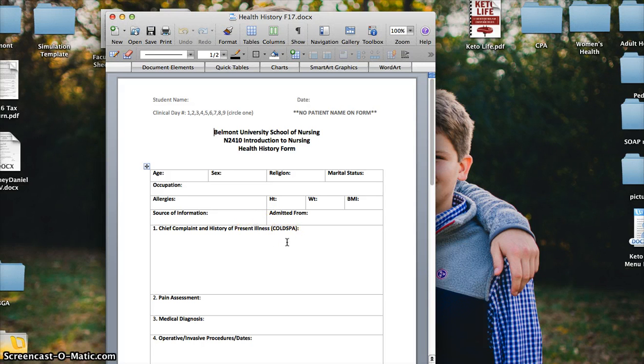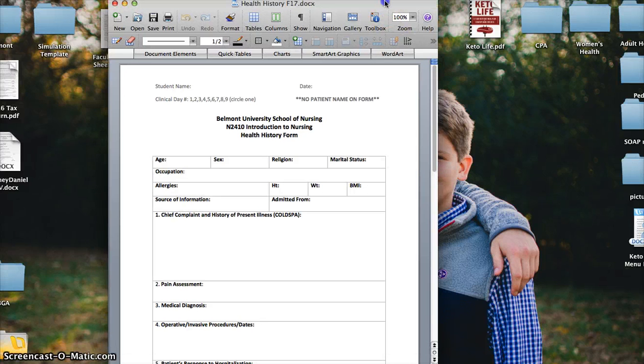They're not doing that every day on their patient, because that is more of a presentation, not necessarily ongoing care. So they do have some questions about that, and we want to help them understand that chief complaint and history of present illness on a presentation is different than if we were writing it on this health history form.